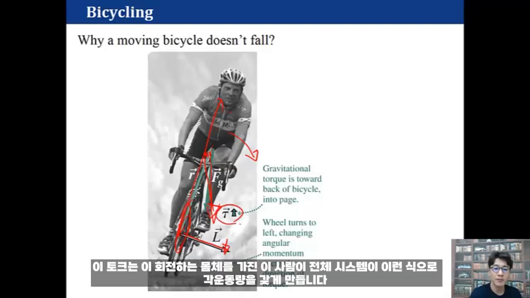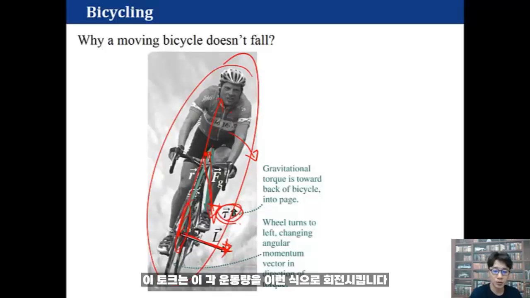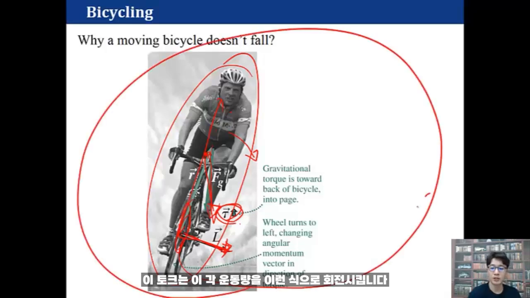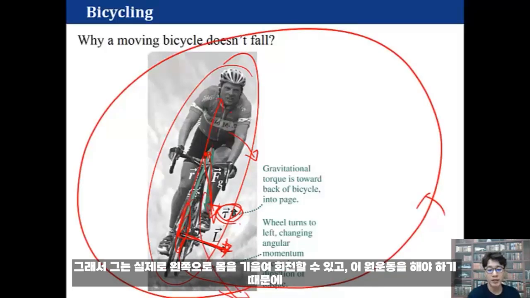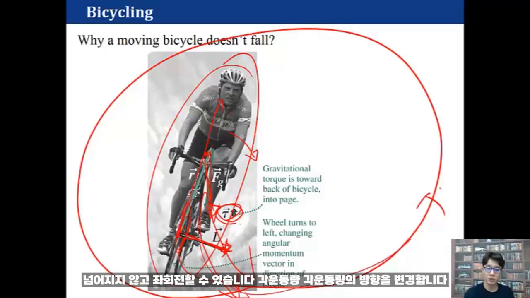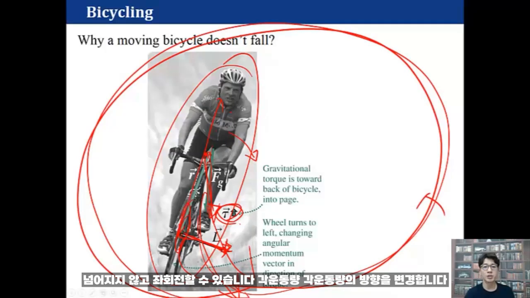This torque makes the whole system, the person with this rotating body, having angular momentum this way, rotate through this way. So he can actually turn left by leaning leftward instead of falling down, because it should do this circular motion, changing the direction of angular momentum.